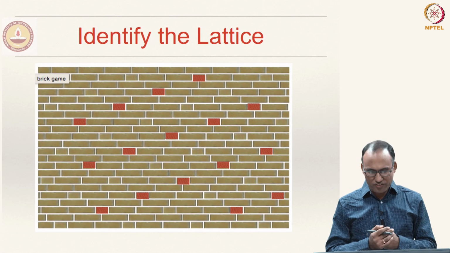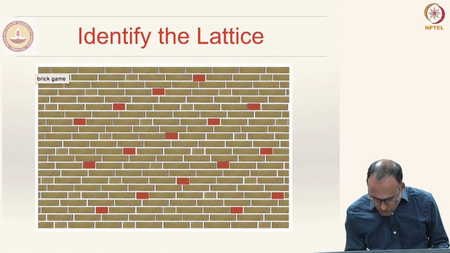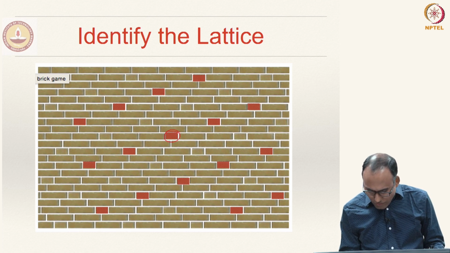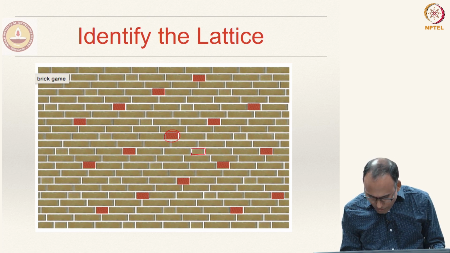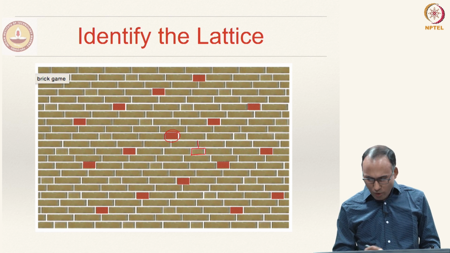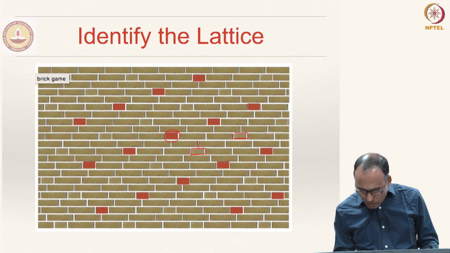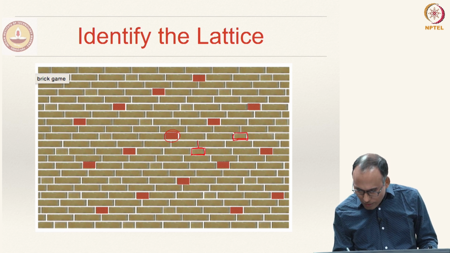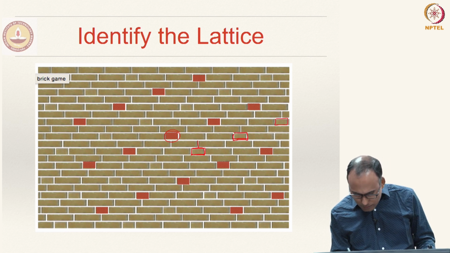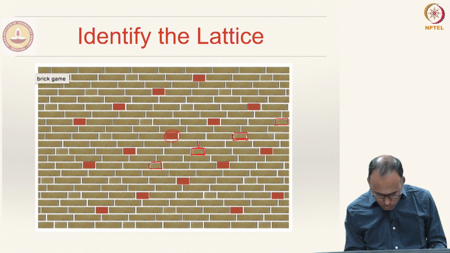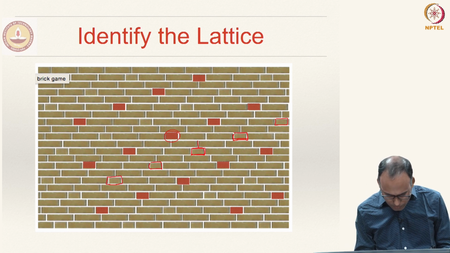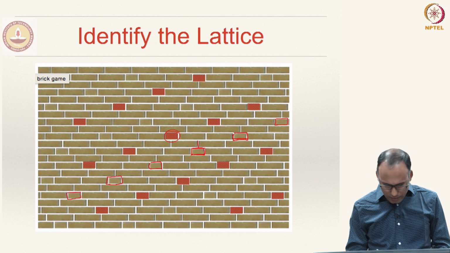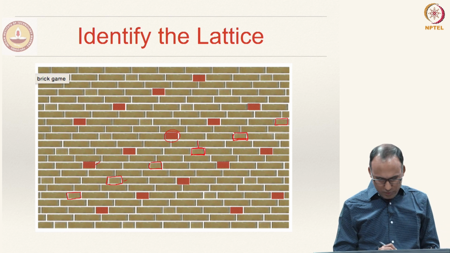Your lattice could have been different if you had chosen some other point as a reference point. Suppose, instead of this one as your reference point, you had chosen this one as your reference point, then your lattice would have been made of these identical points, right. So, this is one, second, third, fourth, fifth, sixth. This one and this one are not the same, please note that.